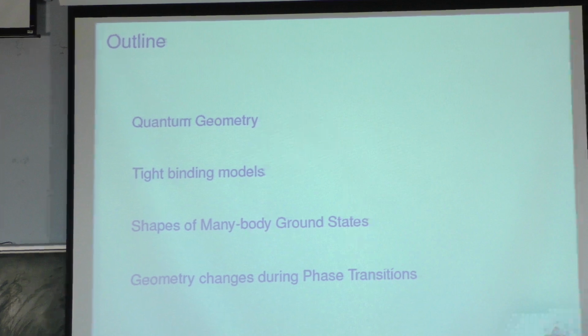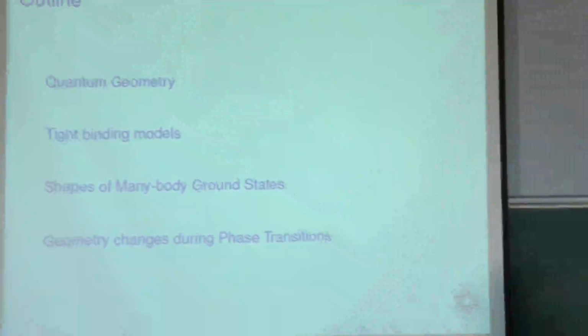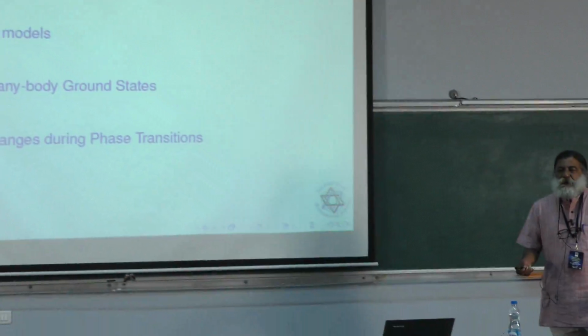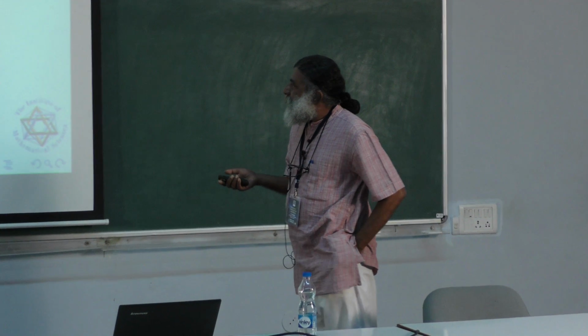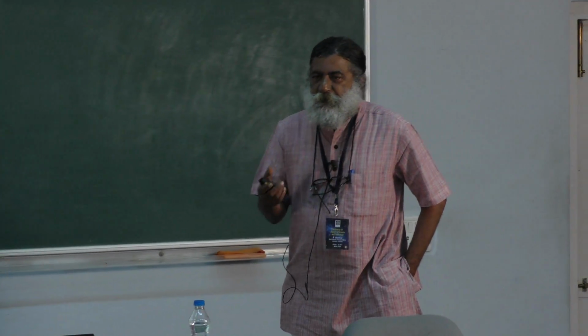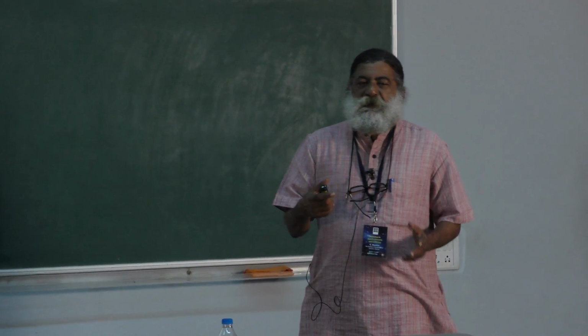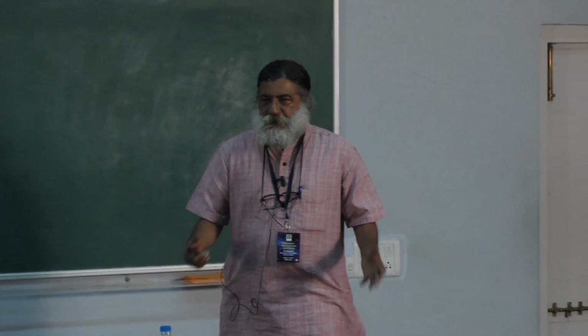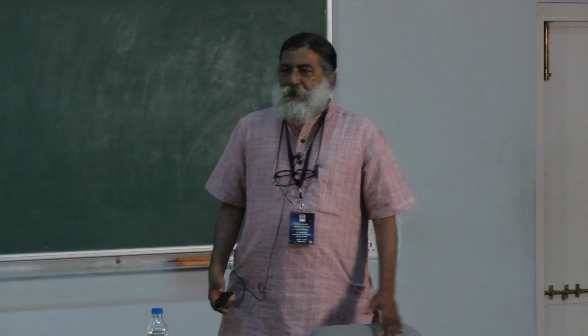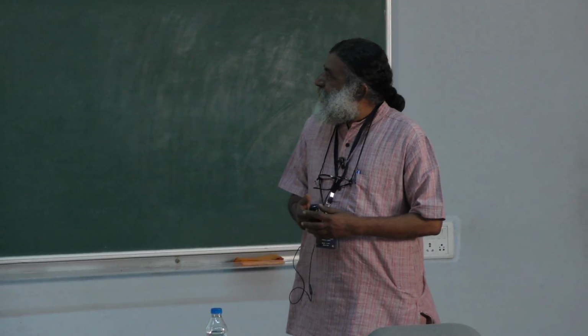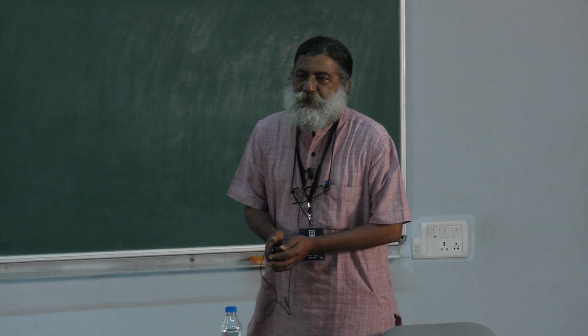The simplest context is in terms of so-called tight binding models. Those are just lattice models. And then describe what we mean by the shape, how you can ascribe a shape to a ground state of an insulator or ground state of a many particle state. And then finally, if there's time, some work that we've been doing on these issues.